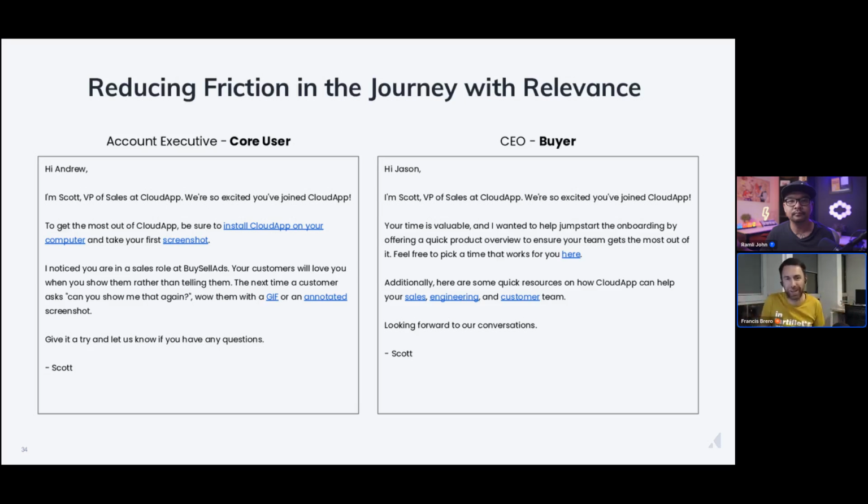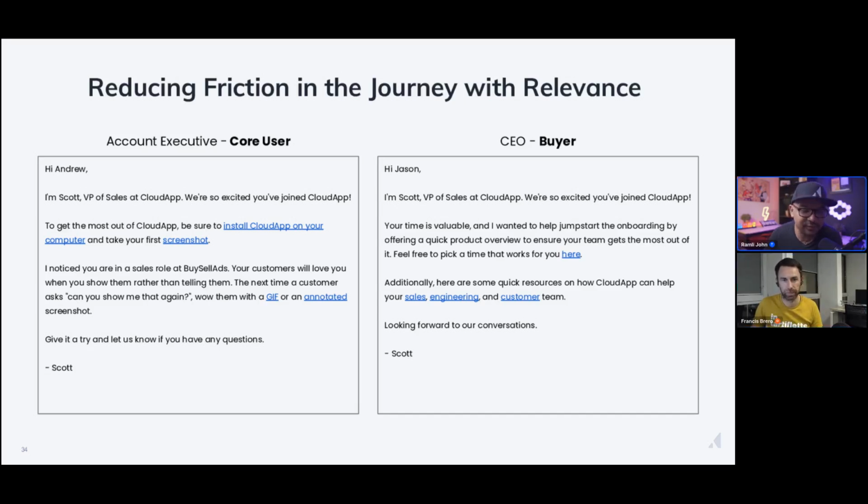Again, back to the paradox of choice: where do I start? Which personas do I start with? Just going with the core user and buyer is a very easy starting point, and then you can go more granular. Hopefully this is helpful. We have a bunch of other templates that I'm more than happy to share with anyone who's interested, but I wanted to have at least one more tactical example here.